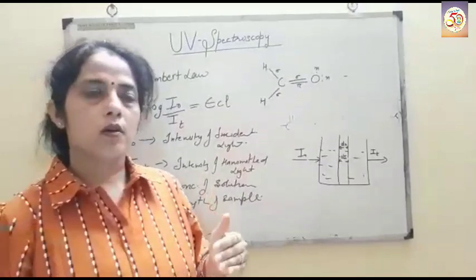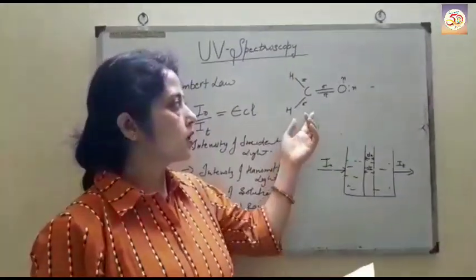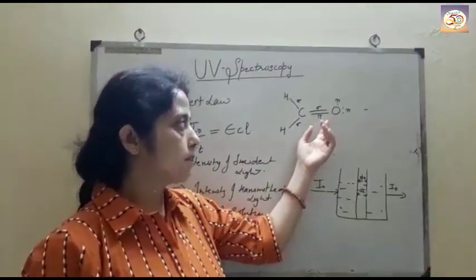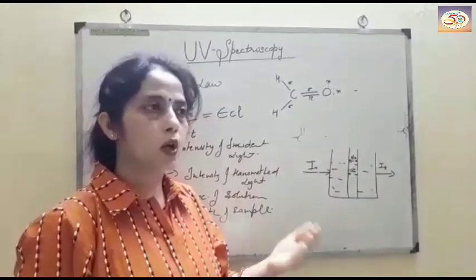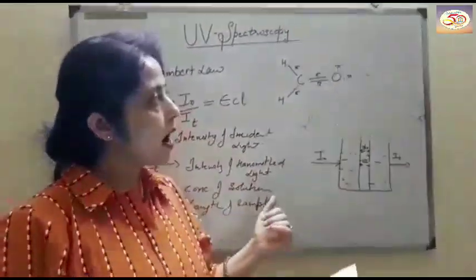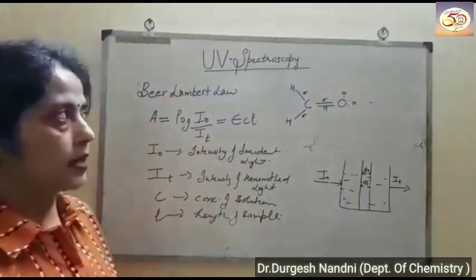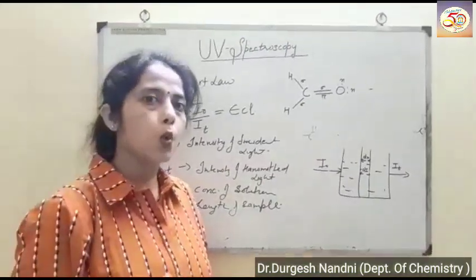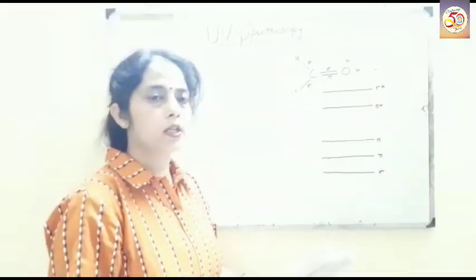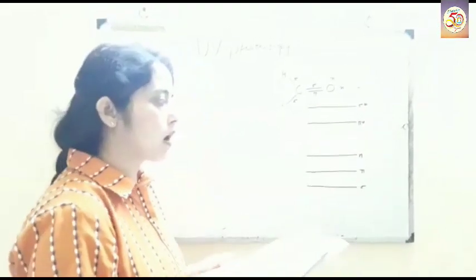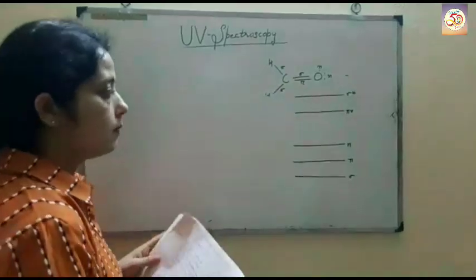Initially, the electron in the ground state can be sigma, pi, or non-bonding. Non-bonding means they are not involved in bonding, while sigma and pi electrons are involved in the bonding. When they get excited to a higher energy level, they can go to their corresponding anti-bonding orbital. Depending upon the types of electron present in the ground state, there are four types of transitions possible.